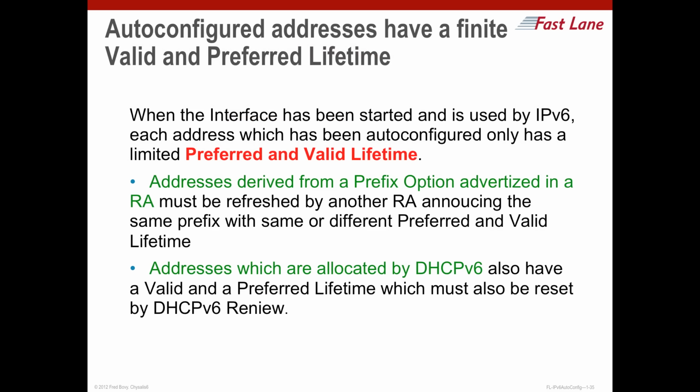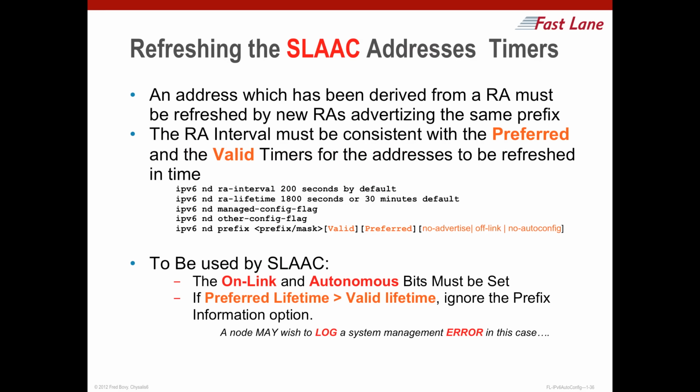And this can be done using Router Advertisements or the DHCPv6 protocol. But it must be done, otherwise the address will reach the deprecated state and then it will be invalid and could not be used any longer. For the statically configured address, there is no such timer and the address is configured forever.